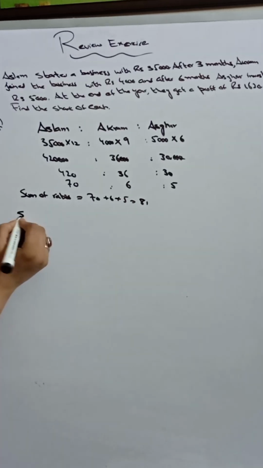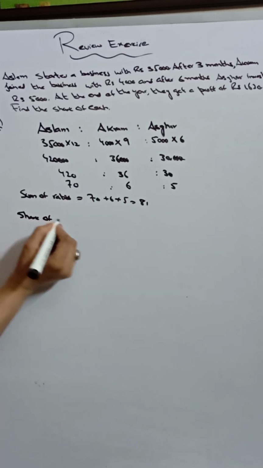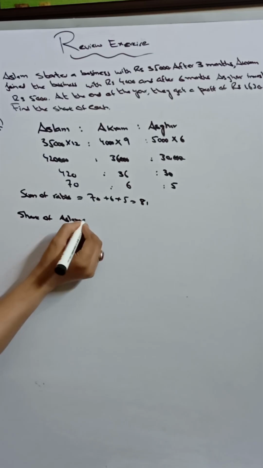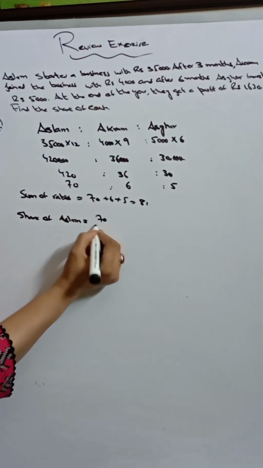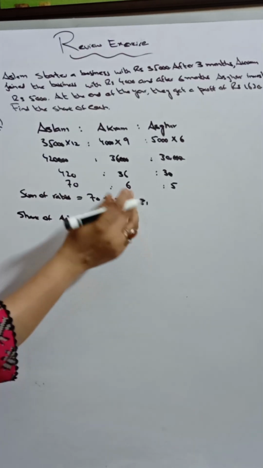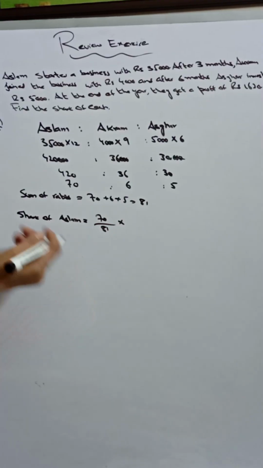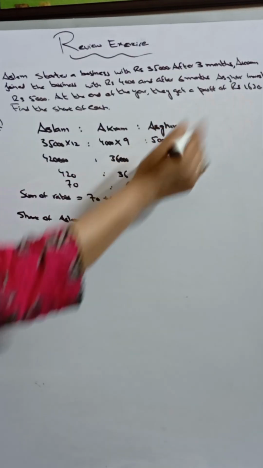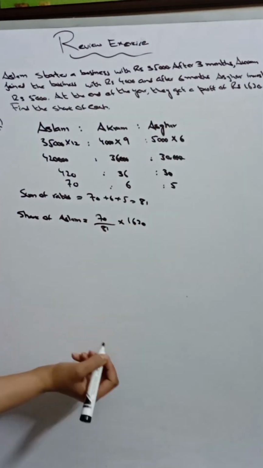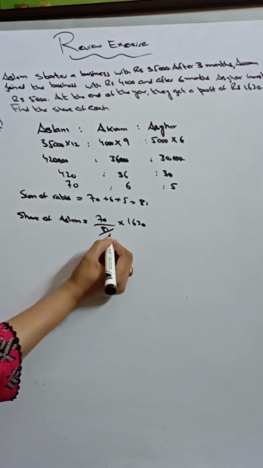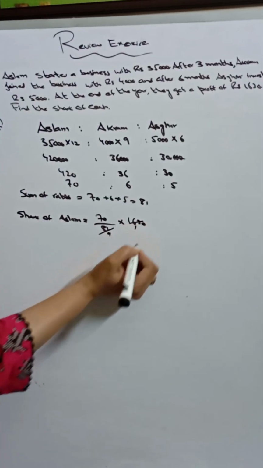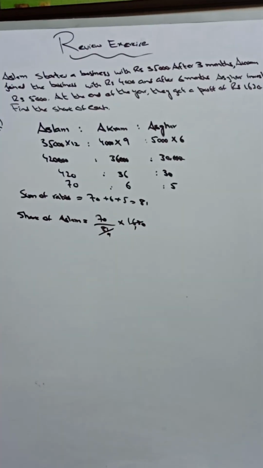Now first, share of Aslam, that is 70 over 81 multiplied by the profit amount that we have to distribute, that is 1620. All right. Now 9 nines are 81, 16 minus 9, what is left?